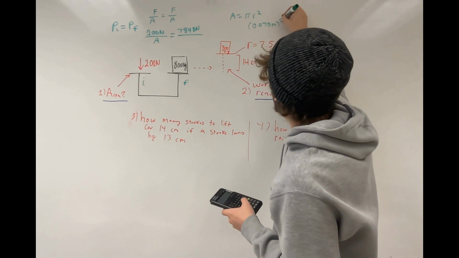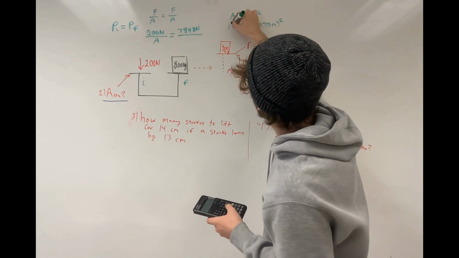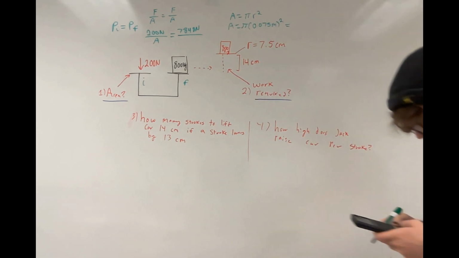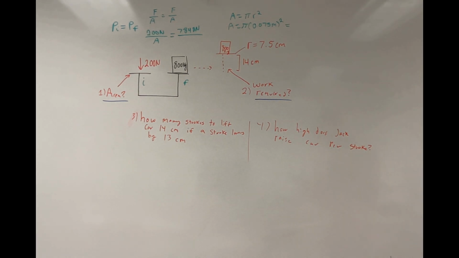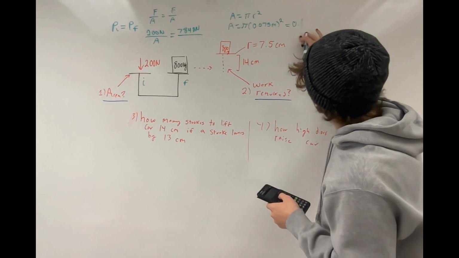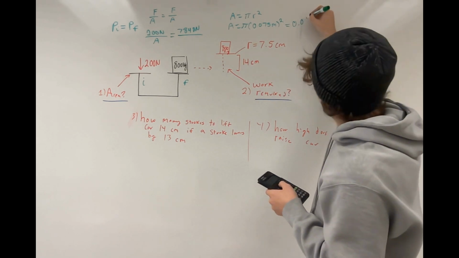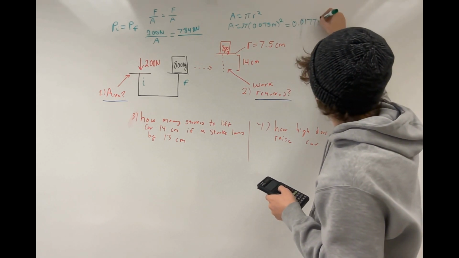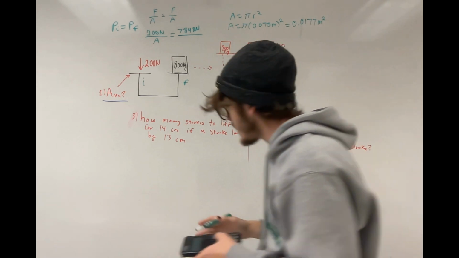We're going to square that value and multiply it by pi. So the area here is equal to 0.0177 meters squared. Okay, so that's the area.